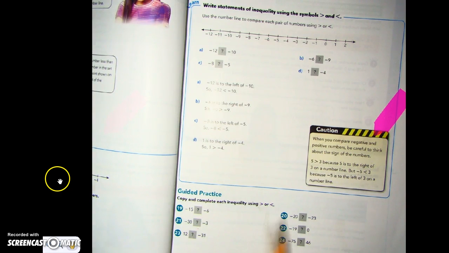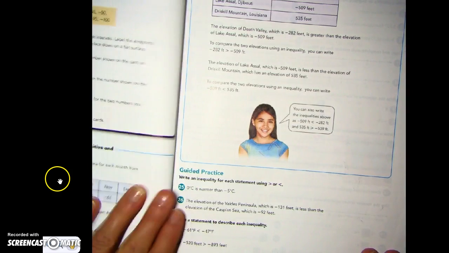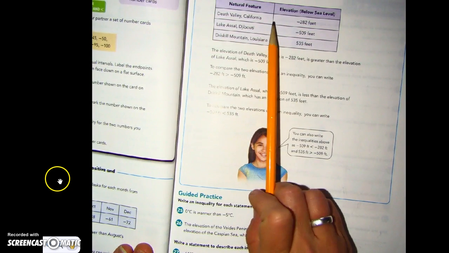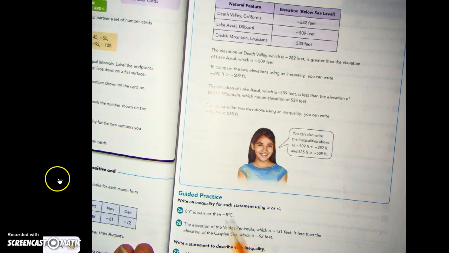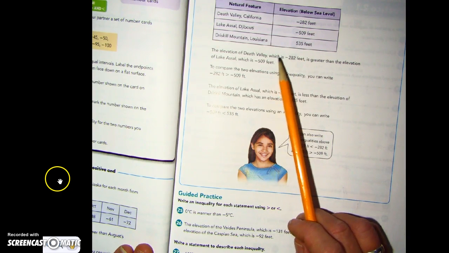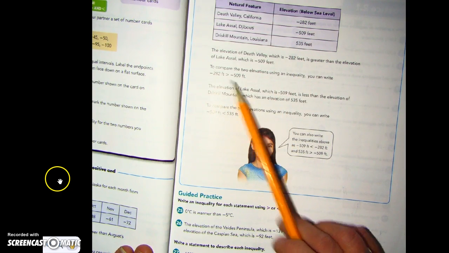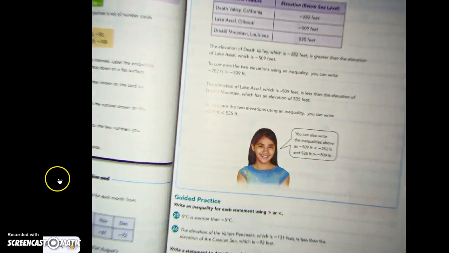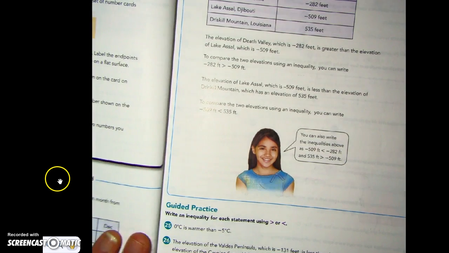If you need help on those, you can do those guided practice problems together. Oh, and just real quick, we already talked about this, but there are a couple guided practice problems about negative feet or positive feet, depending on if it's above or below sea level, and they're asking which one would be greater. The same thing applies, based on where it would be on the number line.